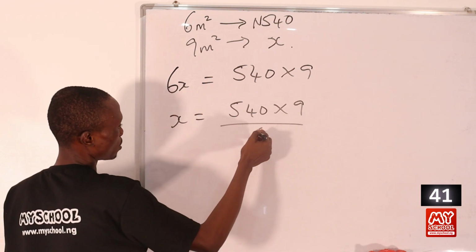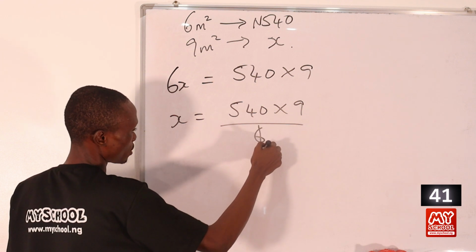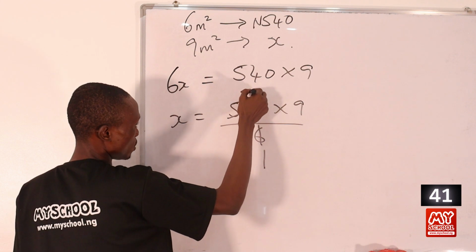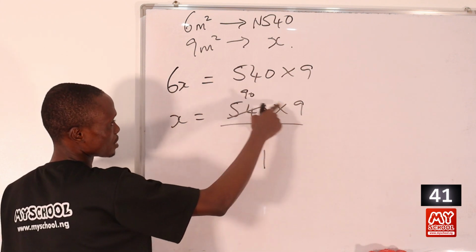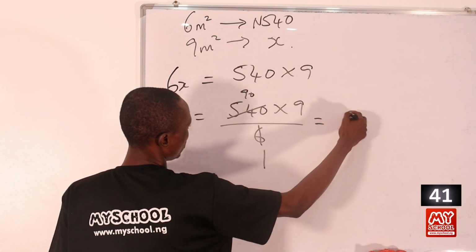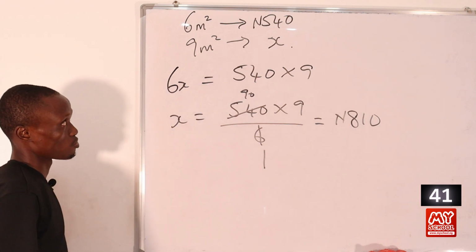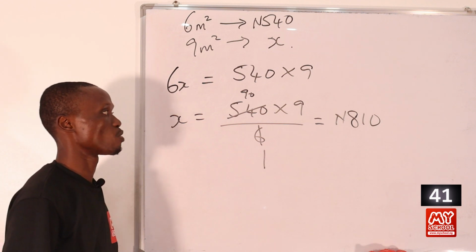Okay, so 6 here will be equal to 1, and 6 into 540 will be equal to 90. So that 90 times 9 will be equal to 810 naira.